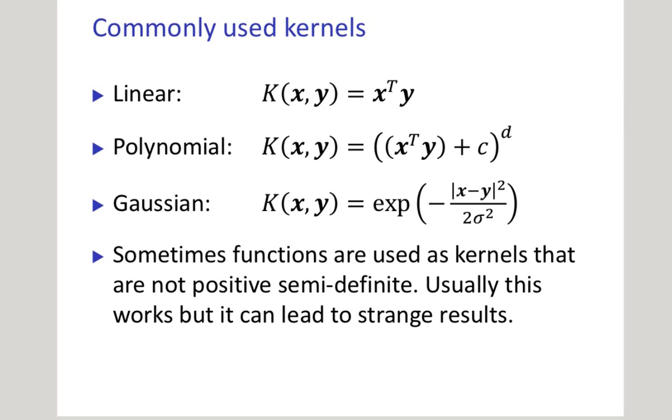Sometimes people also use functions that are not positive semi-definite as kernels. In many cases this works, however, beware. It might lead to strange results because the underlying assumption of the regression or classification algorithm is that it works in the feature space, and this assumption is violated.